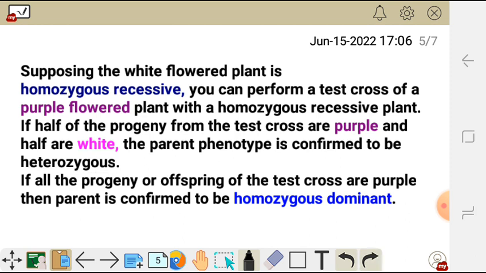But if all the offspring of the test cross are purple, then the parent is confirmed to be homozygous dominant.